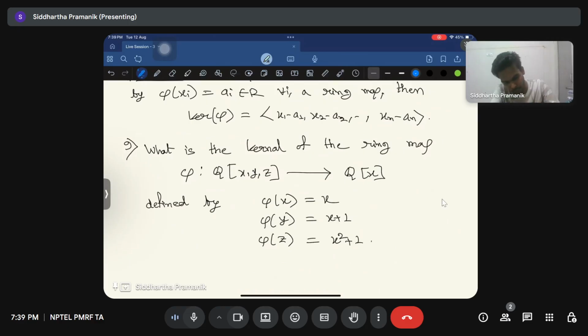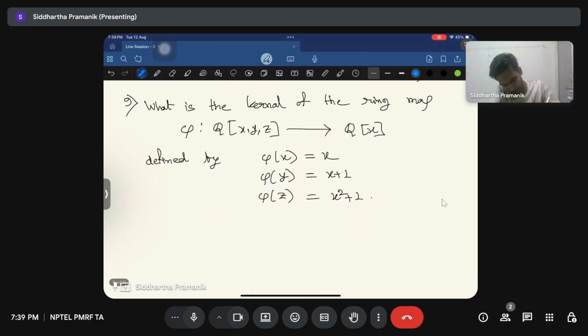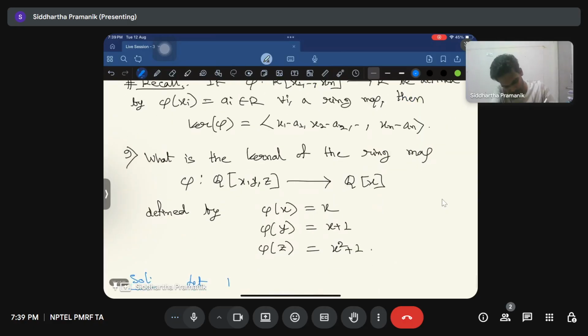So now how do we find a description of this kernel? Now one can use the other information. Let R equal Q[x].